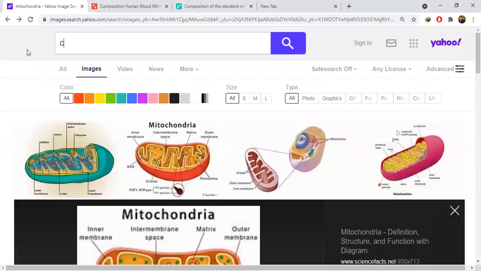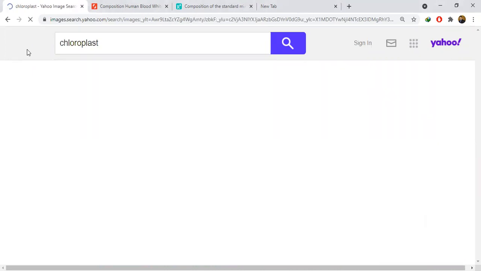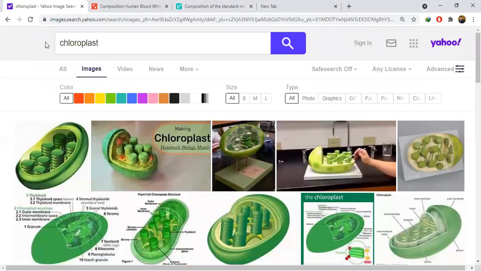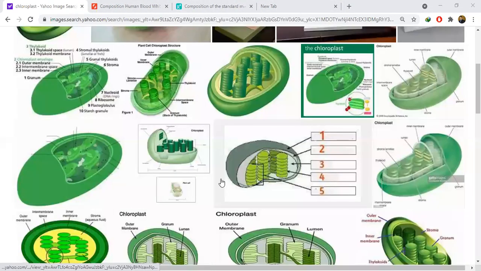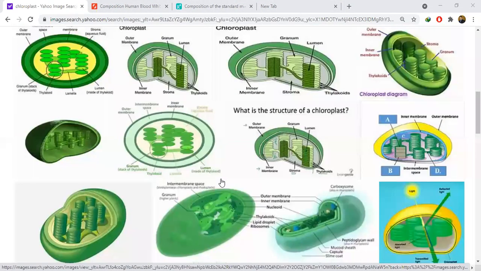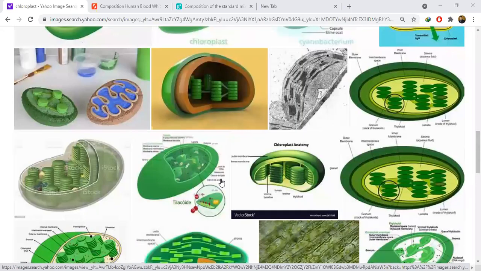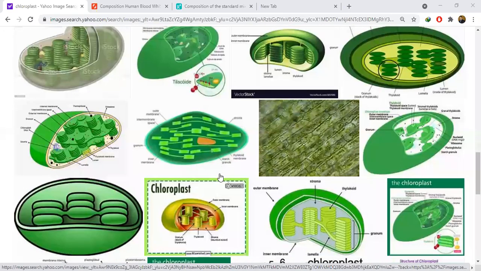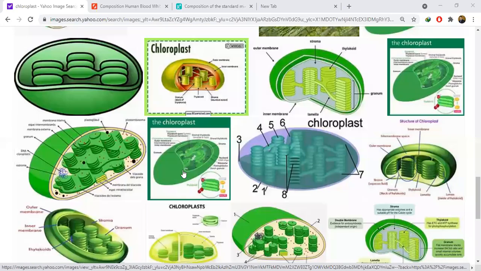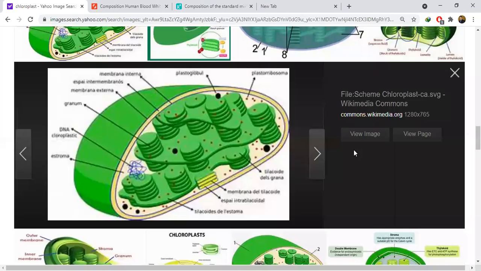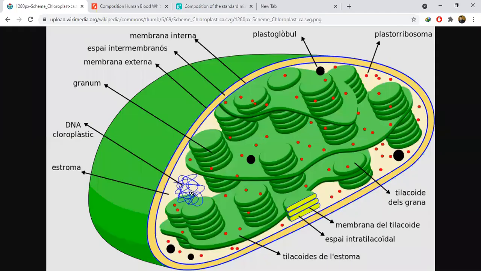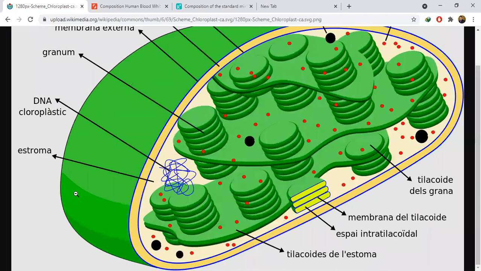Similarly, if you go for chloroplast, chloroplast also will contain DNA. Searching for the right diagram is the challenge. Here also you have a DNA. It is also a circular DNA.